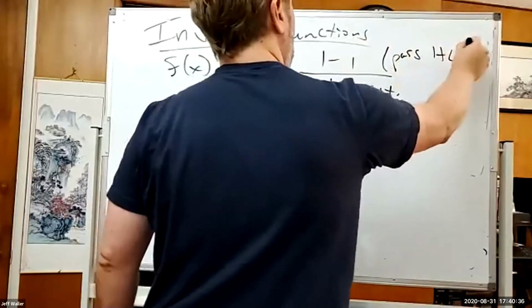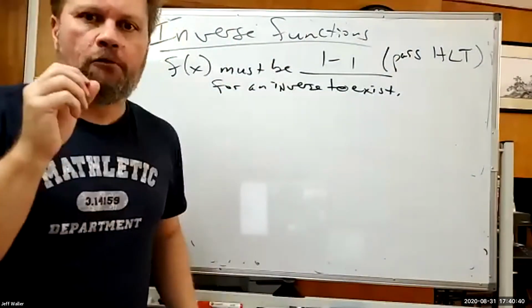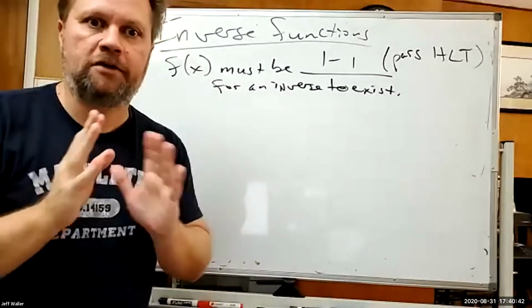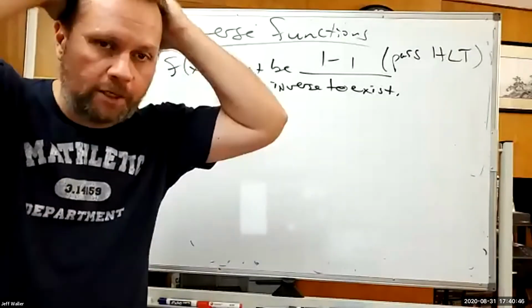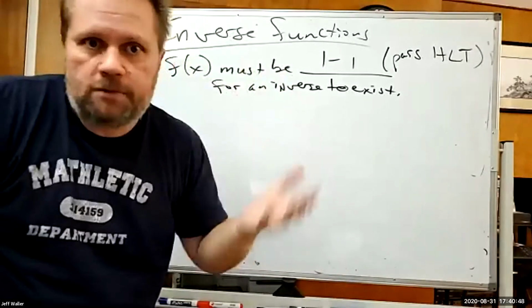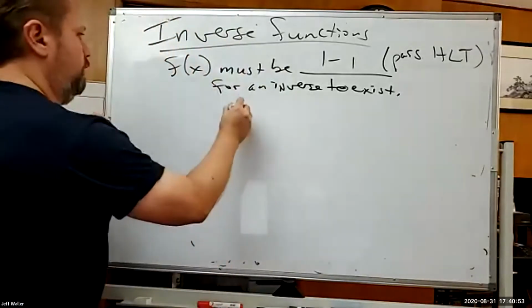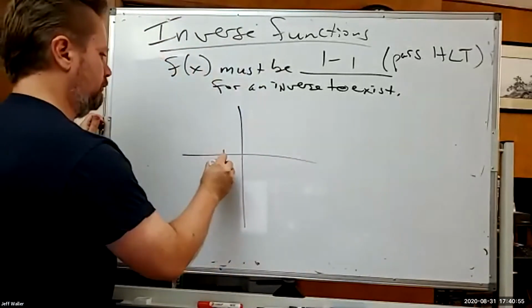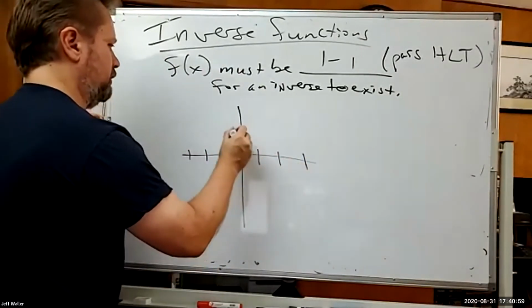So if I wanted to graph a function that will pass that test and have an inverse, think about what that means. This is kind of neat. There's a neat word I'm going to use that you don't have to know, but I'm going to tell it to you anyway. If I have a function, let me be very, very precise here. It's important when you copy this that you're very, very precise.